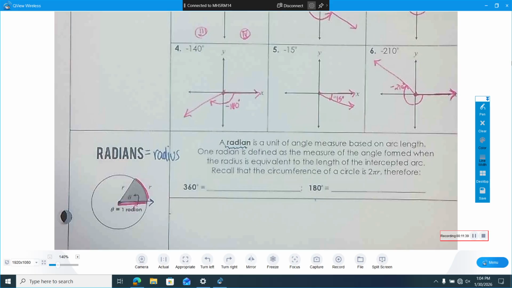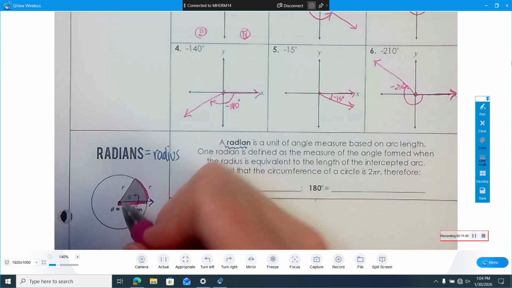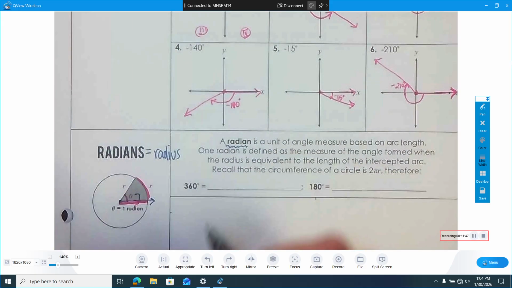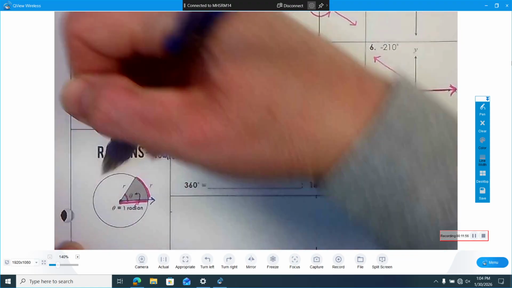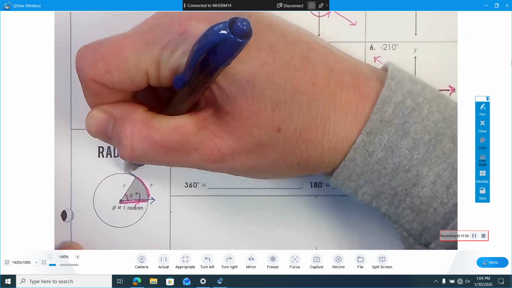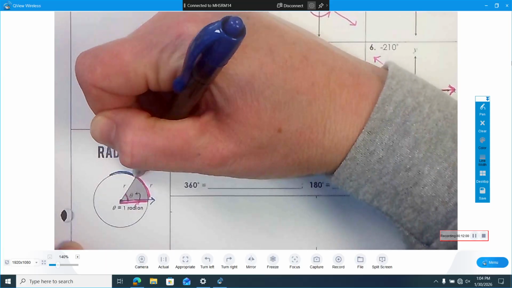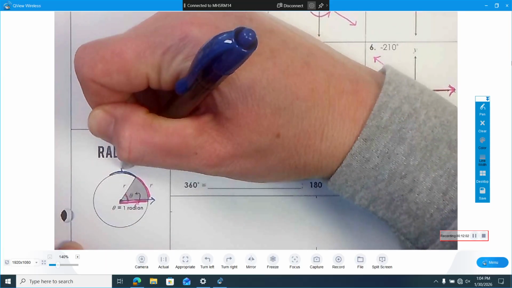So you sweep out the length of one radius, and that gives you an angle measure of 1 radian. So this angle, I would call it right now, it would be a measure of 1 radian. Now, what I can do is I can take that same radius, and I can add it on to the edge here. So I'm going to sweep out another radius length. So here's another radius length.